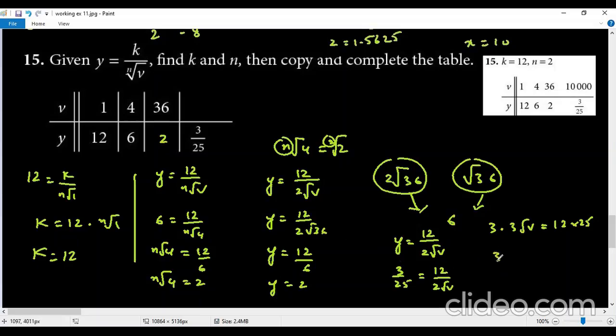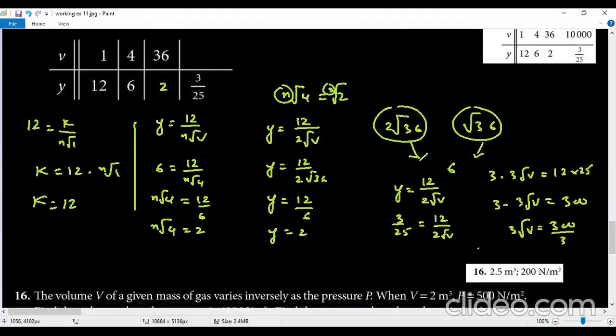So that means 3 radical v is equal to 300. That means 3 under root v equals 300 divided by 3, which is going to give us the value 100. To remove this, we'll be cubing both sides, and this 3 is going to be cancelled with this. So v is going to be equal to 1. This is going to be your answer.